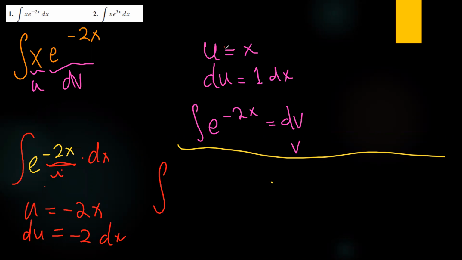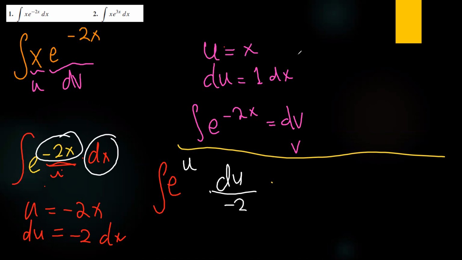So it will be the integration of e, and instead of writing negative 2x, we have to write u. And instead of writing dx, it will be du over negative 2 from here. So dx will be du over negative 2.